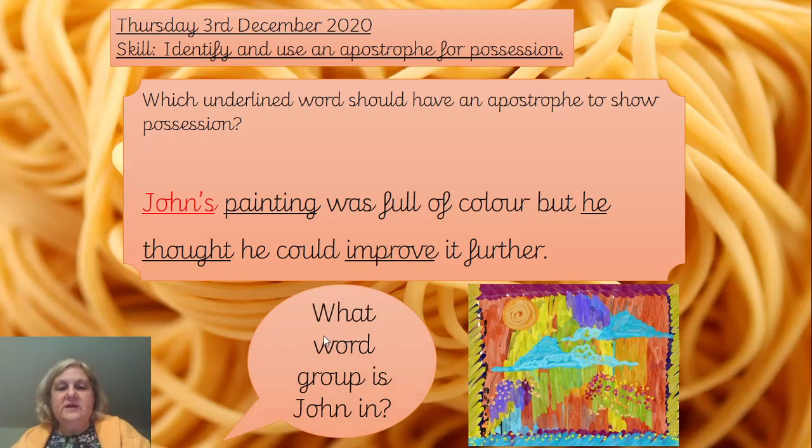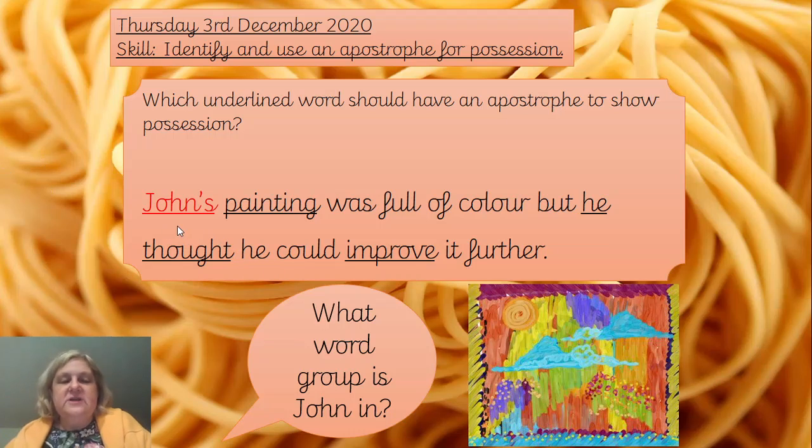And then we've got a little question for you. What word group is John in? We've got word groups such as verbs, adverbs, adjectives, nouns. Which group is the word John in? Painting is a noun, so it's an object.